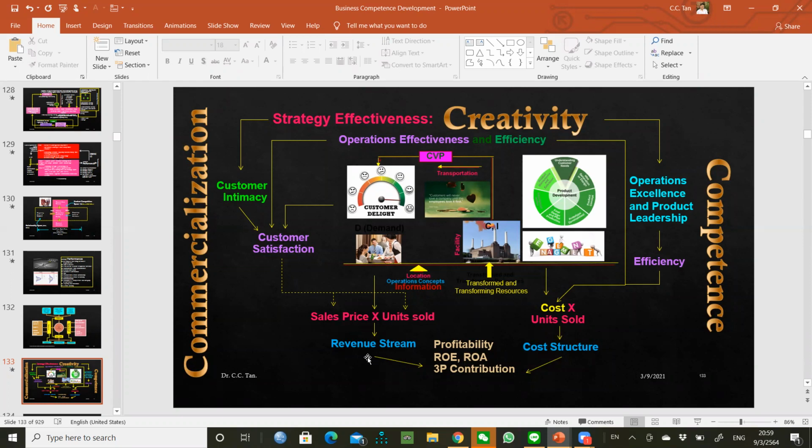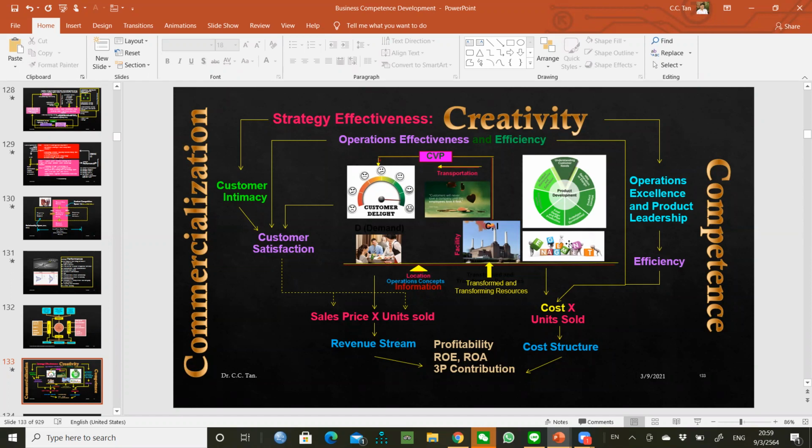So your revenue streams minus your cost structures will give you the profitability, returns on equity, returns on assets, and 3P contribution, in the sense of not only profitability, but also for the people and also for the planet, in terms of green justifications in your decision and your execution. So in a sense, the competitive strategies and business competency are turned into creativity, competence, and commercialization.